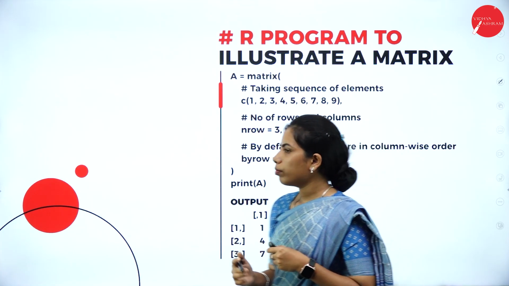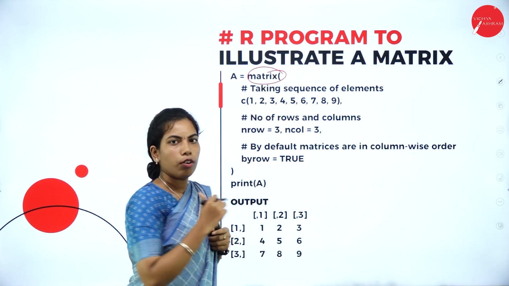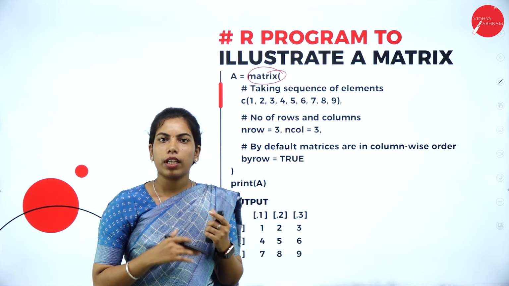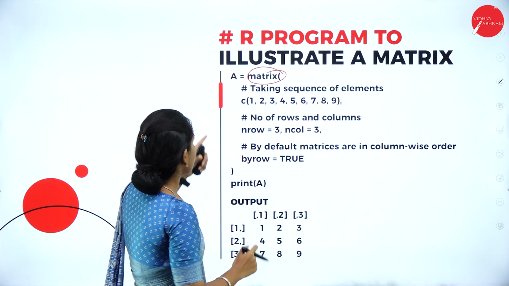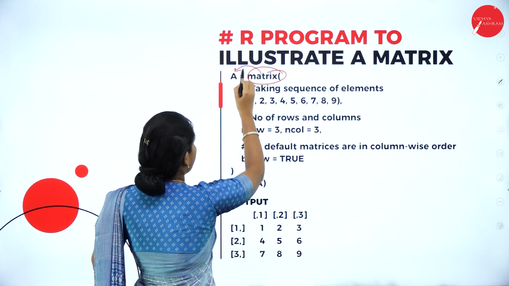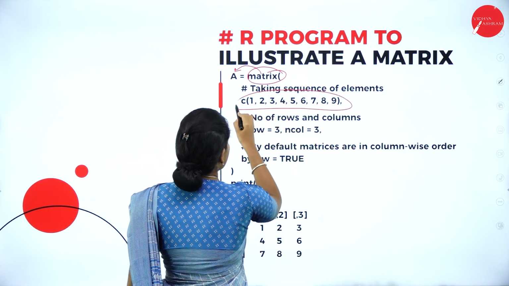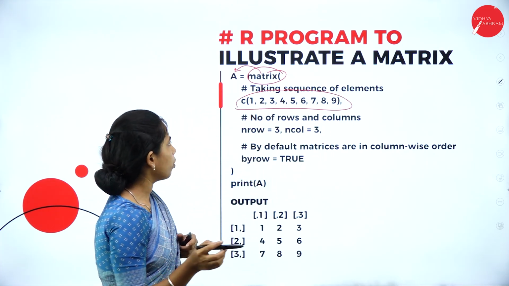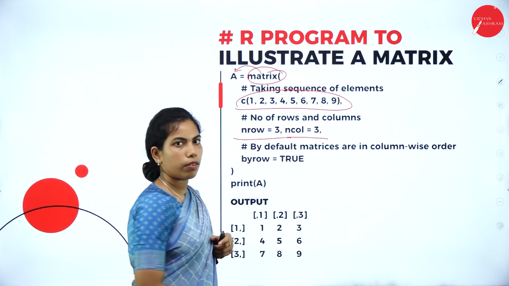When I declare a matrix, I have to call the matrix function. For the list and the array also, we have to call a function, then only it will be valid. I assign the matrix to the variable A, with the values c(1, 2, 3 up to 9). Again, nrow is equal to 3, ncol is equal to 3.